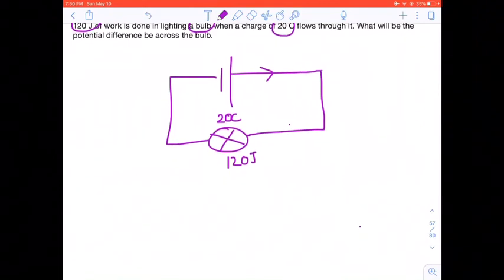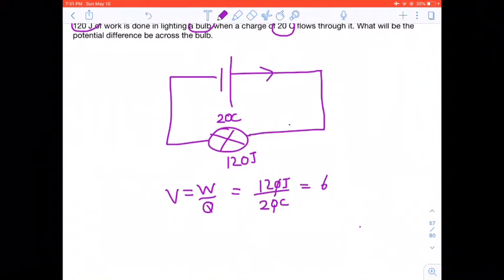We want to know the potential difference across this bulb, which means V is equal to W upon Q, which is 120 joules upon 20 coulombs that passes through that, which gives us 6 joules per coulomb, which is then equal to 6 volts. So the voltage across this would be 6 volts.